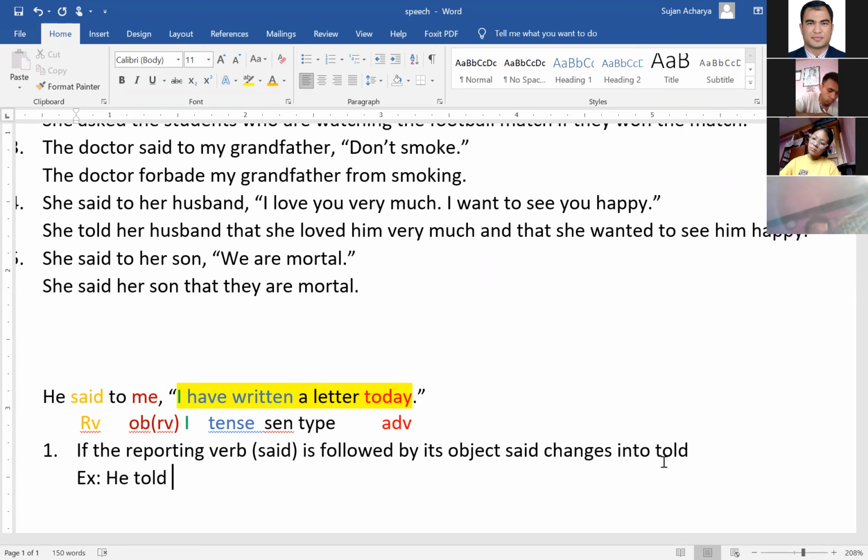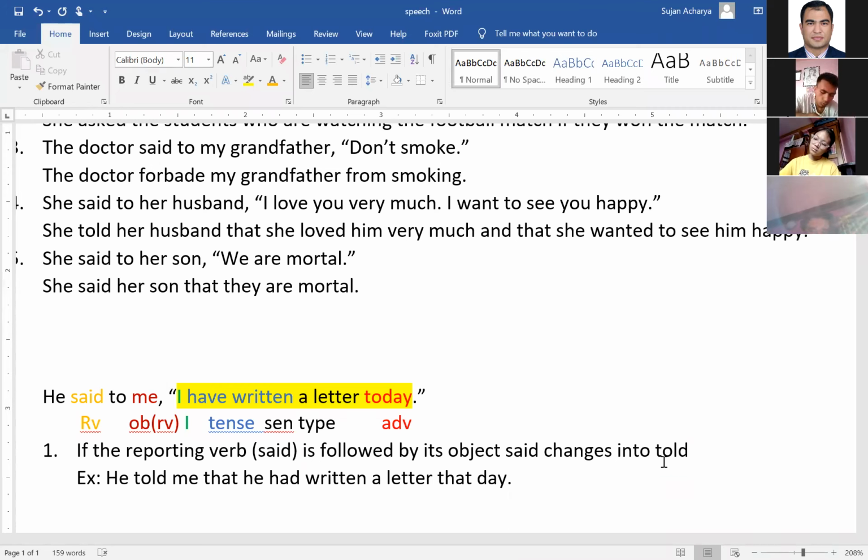One after the other. He told me that, now the pronoun I changes into he. He told me that he had written a letter that day. And we'll come to why had written, why that day, later on, one by one in our rules.